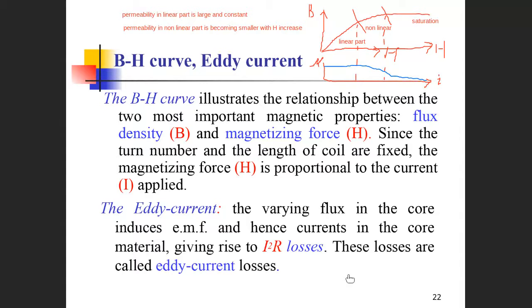Because in the core materials, if you have small poles, then surrounding each of the poles, they induce currents. Okay, if all the poles are not in one direction. For example, if we have a piece of the core material, then you have many small poles.